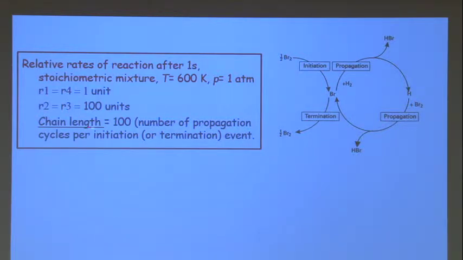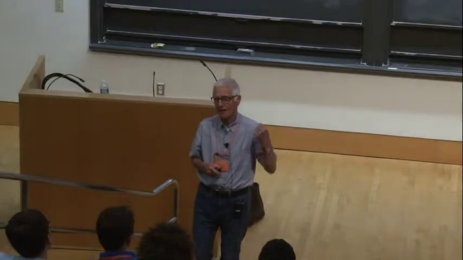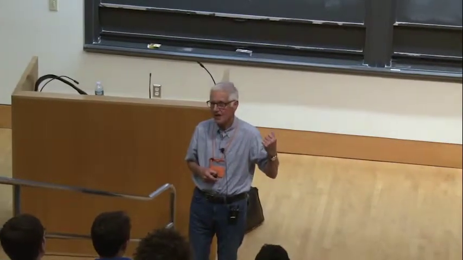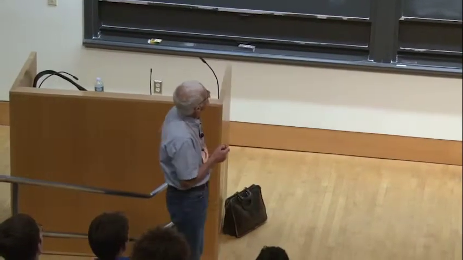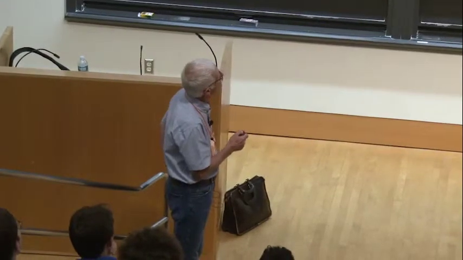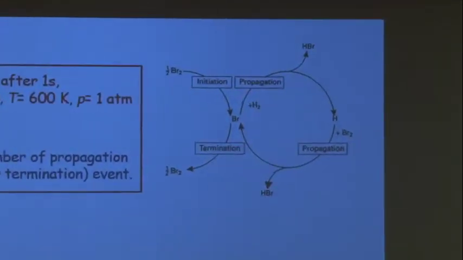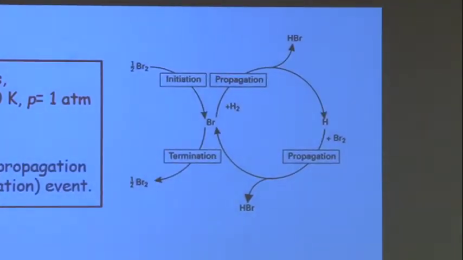And R2 and R3, by contrast, are something like 100 units. So these propagation steps are 100 times faster under these conditions than the initiation and termination steps. So this means that this thing is whizzing round, and it goes around 100 times before it's eventually terminated by Br reacting with Br.